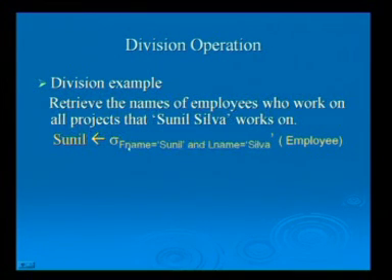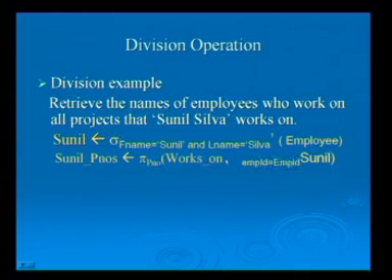This relation will have the details of Sunil Silva, and then we join this relation called Sunil with the works on relation with the employee ID to get the project numbers of the projects that Sunil Silva is working on, and the relation would be Sunil's project numbers.